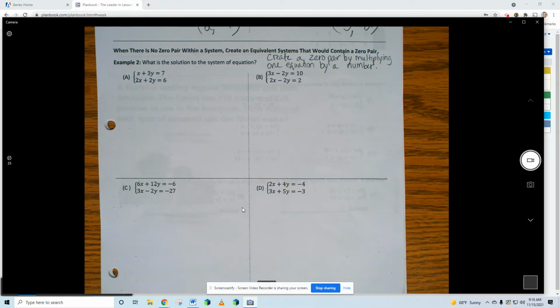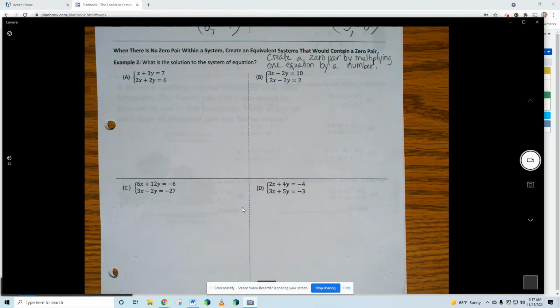What number could I make the y's so that they're the same number? What would I have to multiply by? What can 3 and 2 both become to make them a 6? But I have to do a 6 and a negative 6. So that means this 3 would have to be multiplied by a 2, or this 2 would have to be multiplied by a 3.